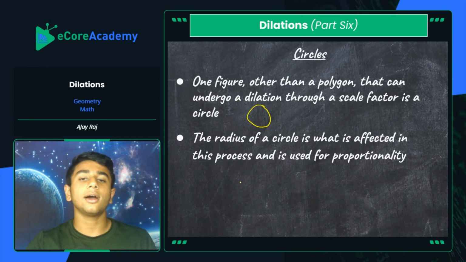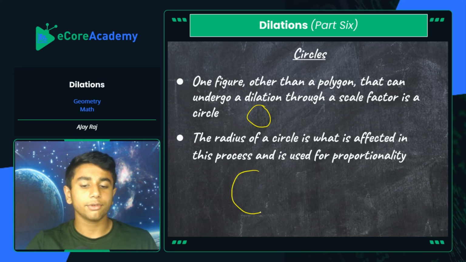Like I said, the side lengths of a dilated figure are what are affected. But if you look at a circle, there are no straight edges on the figure itself. However, a circle will always have a radius, the distance from the center of the circle to all points of its outer edge. It's always equidistant to all points of the circle.